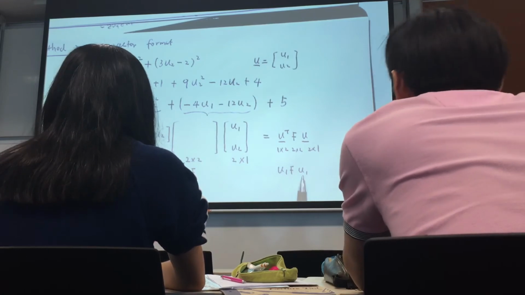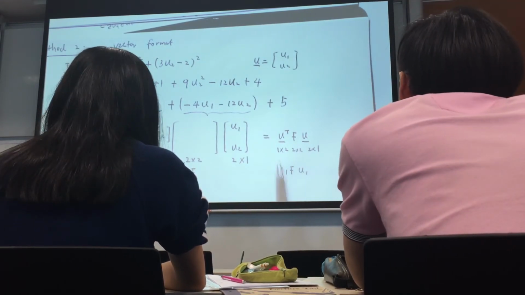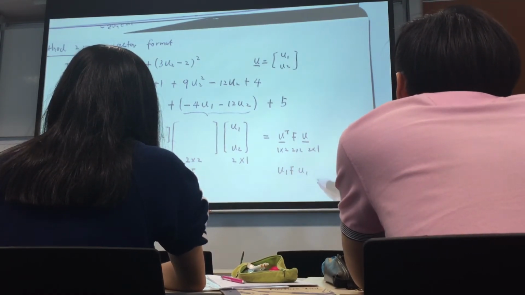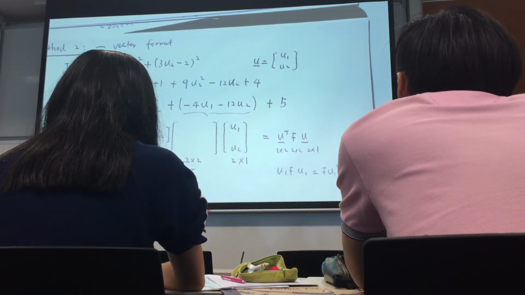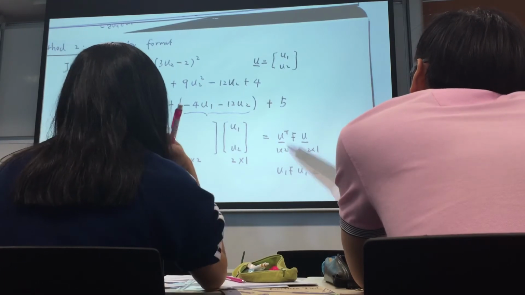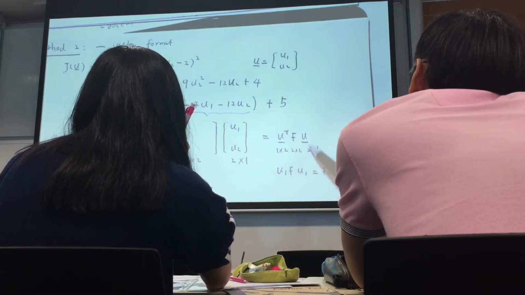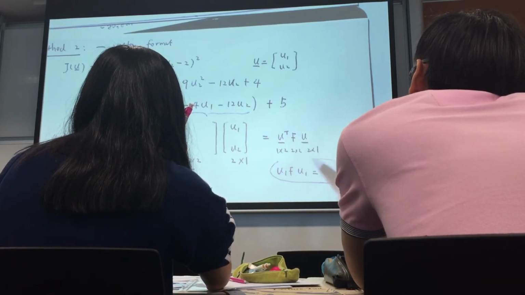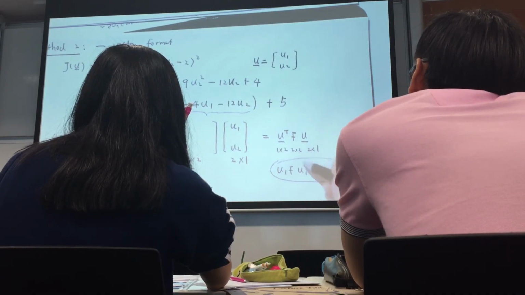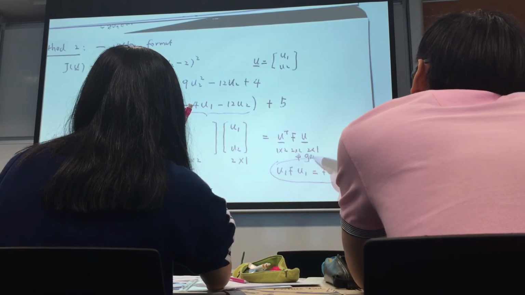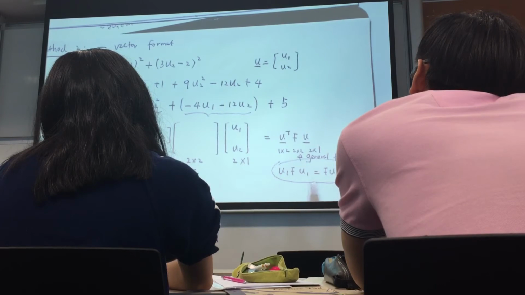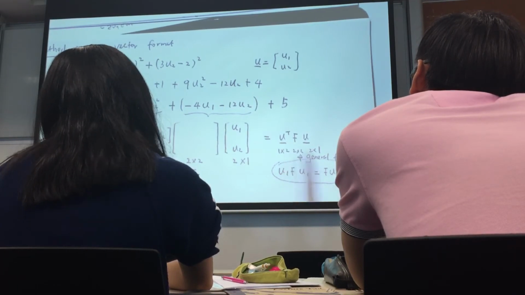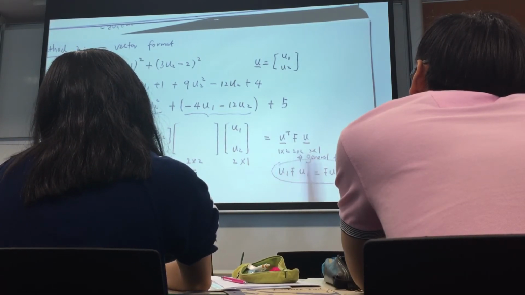Think about u1 as a scalar. If you got this form, this equals F u1 squared. So we can see this is a general format for this quadratic form, a general format for vector input.